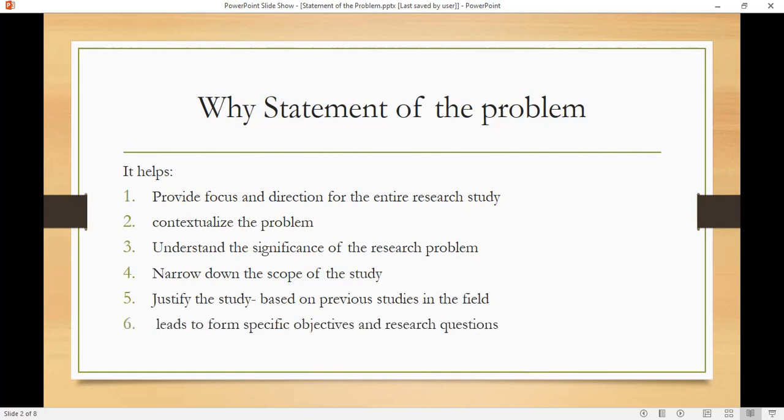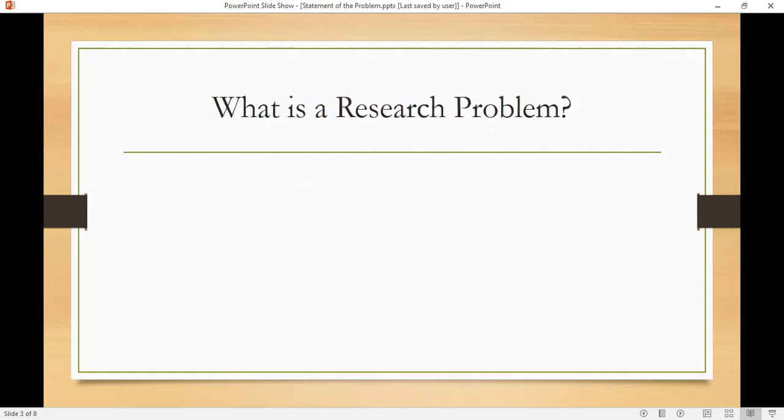It also helps lead to specific objectives and research questions. If your statement of the problem is well and effectively written, it will guide you to compose your research objectives, and then ultimately to go for your research questions.